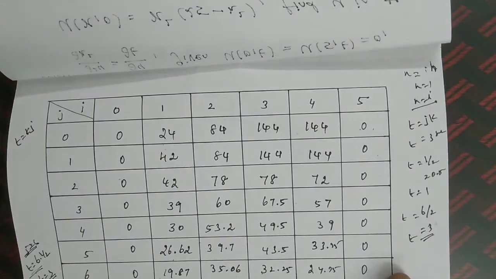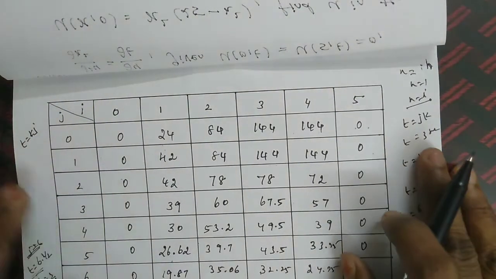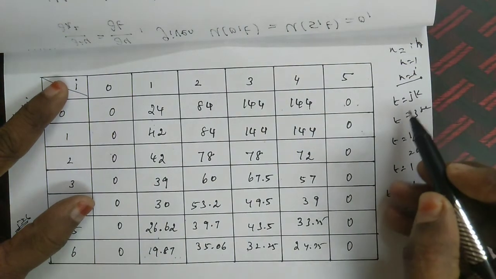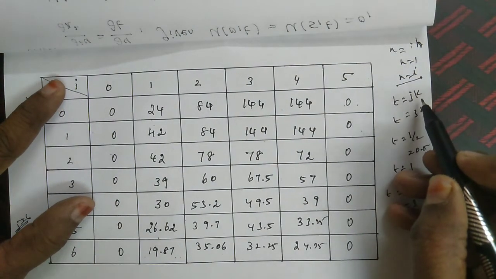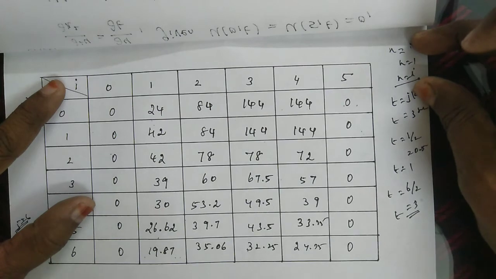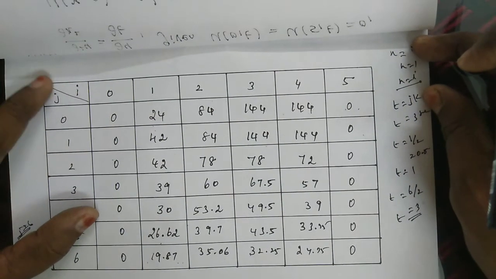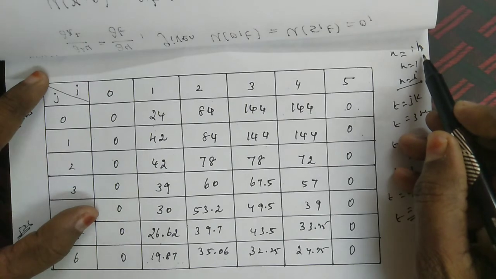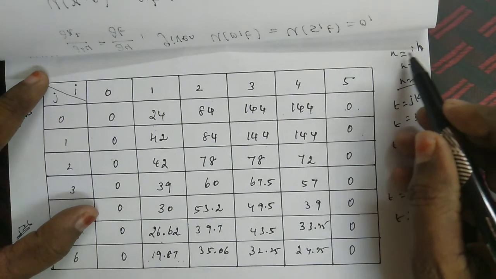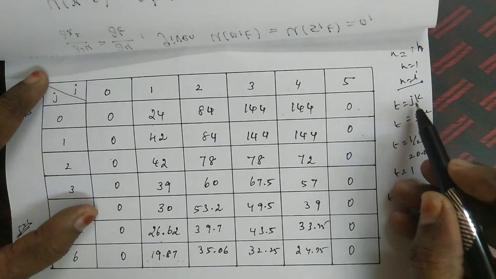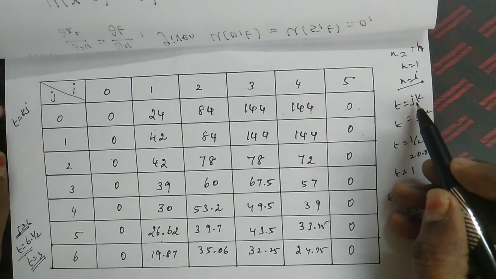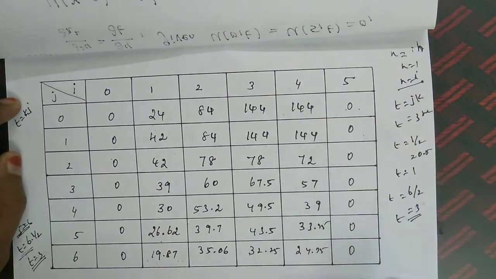So this is the way we have to do the problem under the Bender-Schmidt method. We have to keep in mind that x is equal to ih and t equal to jk. These are the two important things, the x and t directions. In this question h is equal to 1, which is why we have taken x equal to i and t equal to jk. So we have to give the value for j equal to 0, 1 up to 6. How do we stop the j value?